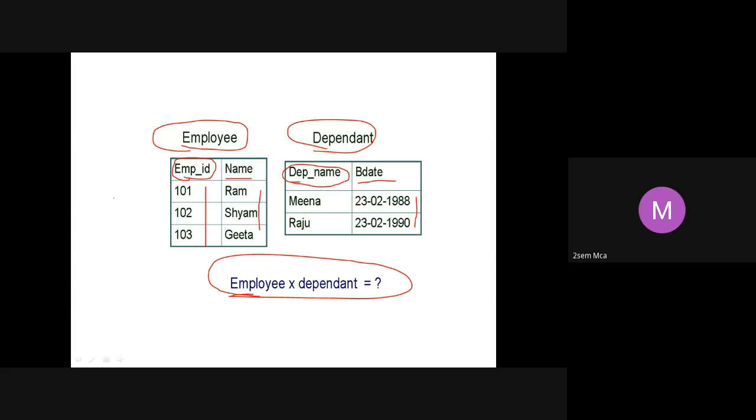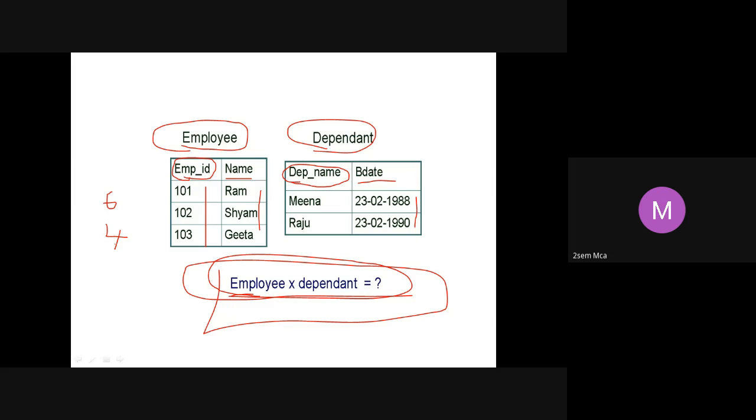How many records will you get in my result? 6, ma'am. Yes, you will get 6 records and you will have a total of 4 attributes.